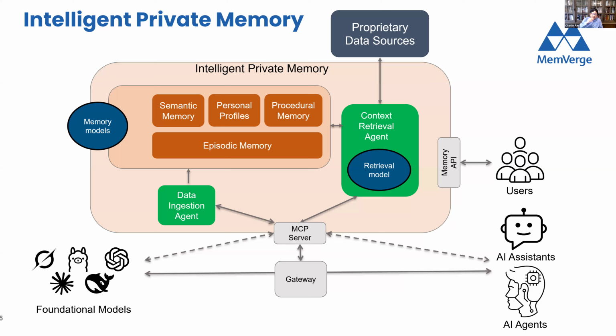So this is kind of what's under the cover of this intelligent memory system. It is integrated with the AI flow in three ways. It has an MCP server that can be called by the models themselves through the tool calling mechanism. It can be integrated with the gateway systems, intercepting the conversations between the models and agents and users.